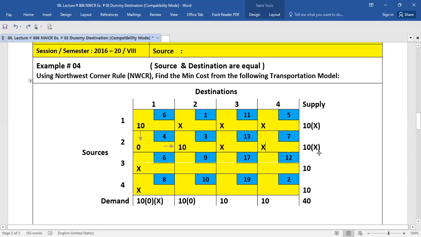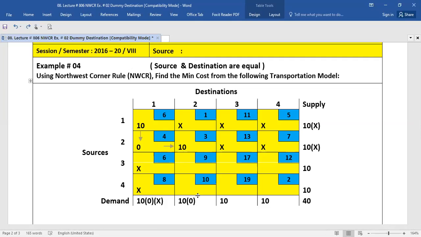Now for next allocation, you will move down as there is a 0 demand and there is supply 10. 0 is serving the purpose that we can now move to the next cell. If 0 was not put here, you cannot move to the next cell. If we put cross on both sides, then we cannot move to the next cell. This was the situation, and our basic variables will be short at the end.